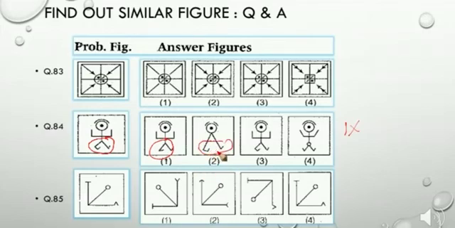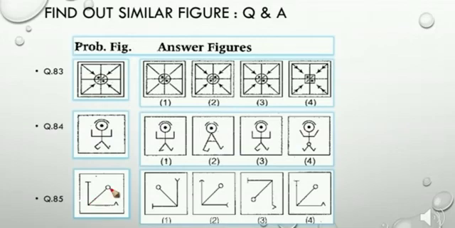Again it is not the same, because it should come from here and then take a turn in this. The second option is also not correct. Let's check for the third option. Yes, the third option is exactly matching. In the fourth option it's not matching. So option 3 is the correct answer.